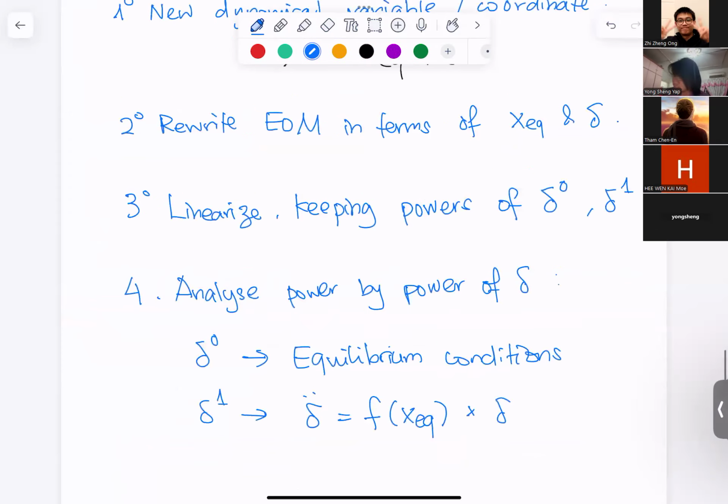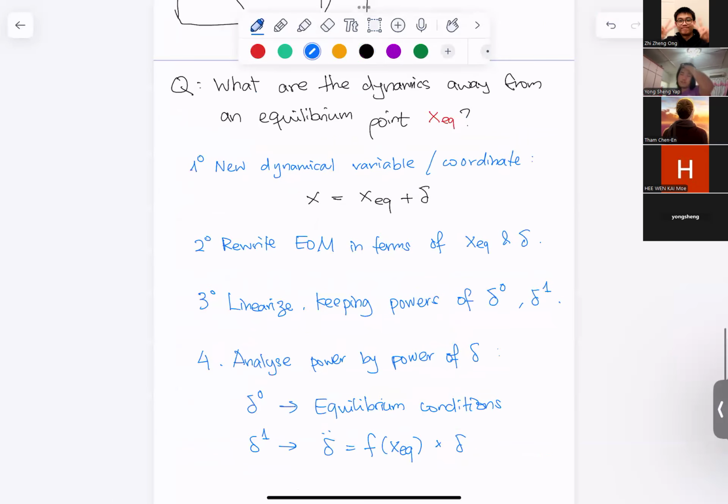Okay, so this is what you do for dynamics away from an equilibrium point. You have no idea what this has to do with waves and oscillation up to now, but as I said, the informal title is analysis of dynamic systems, and this is the dynamics when you're displaced from an equilibrium point. Up until now, are there any questions?